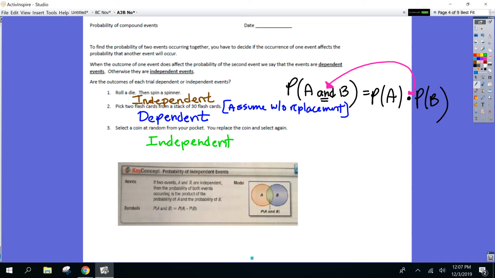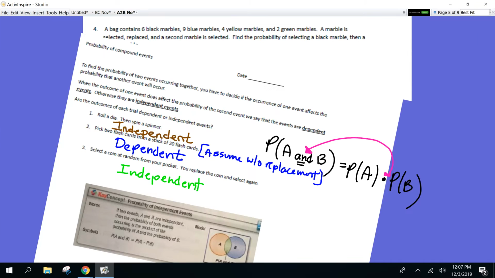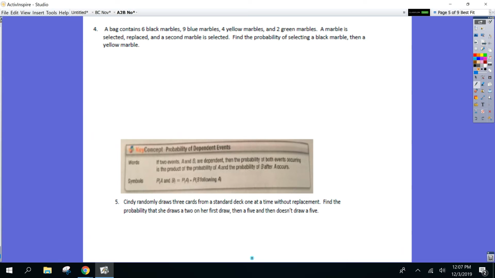So if you replace it, it's independent. If you don't replace it, it's dependent. Questions there before we go into some probability questions? Okay, here we go. You can read through the bag I have.